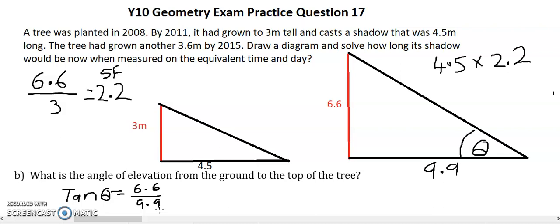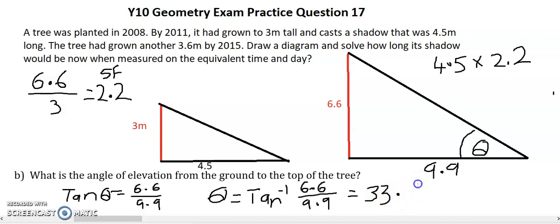So in that case here, we need to go the inverse of tan, 6.6 over 9.9. And that gives us an angle of 33.69 degrees.